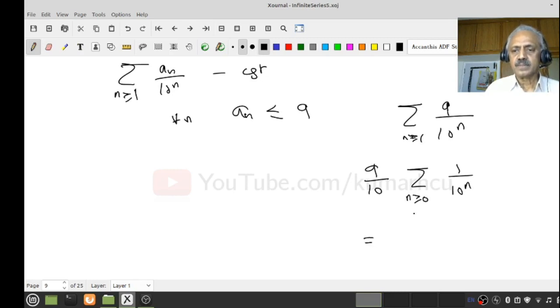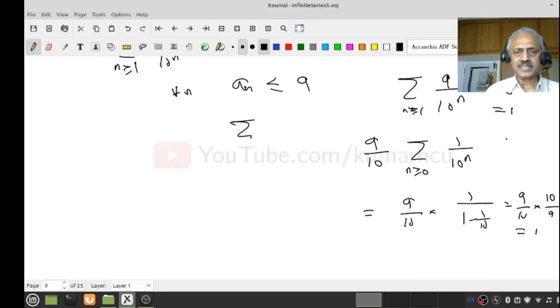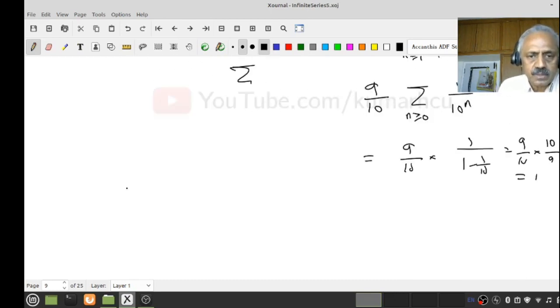But this is a converging geometric series, 1 by 10 times 10 by 9, so the series is convergent and the sum is 1. Therefore, by the comparison test, the series an by 10 to the power n, n greater than or equal to 1, is convergent.